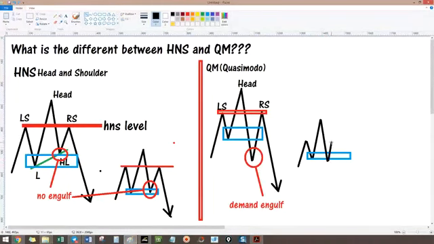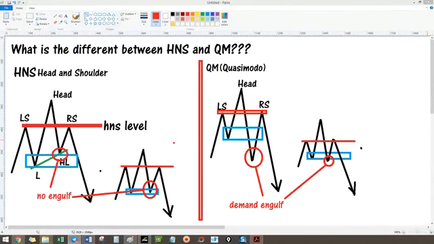So this is also a QM. This will be our entry. Okay, so this is the pattern.